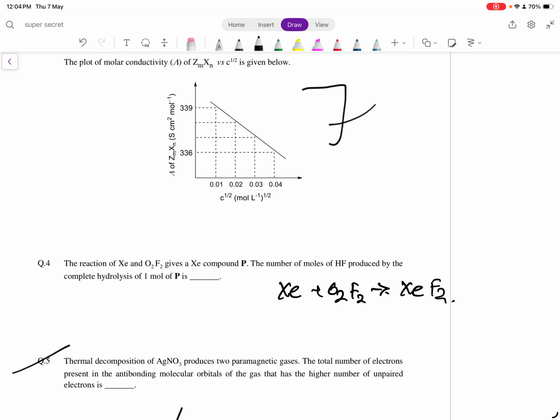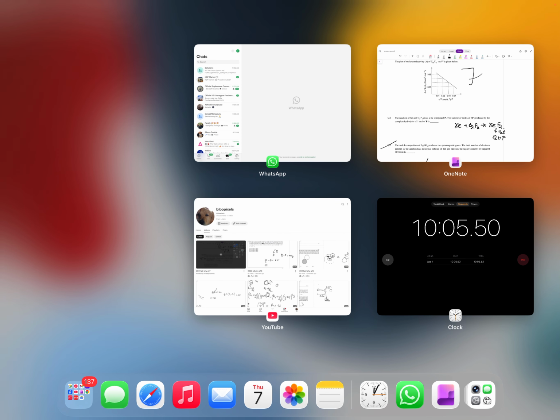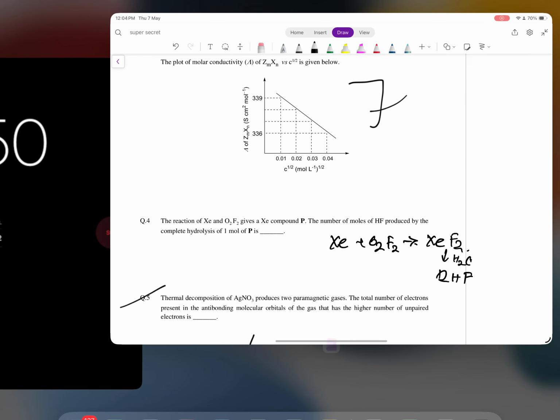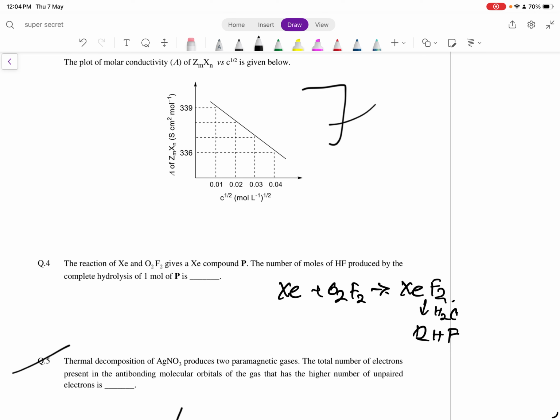If so, 2 moles? I don't know, like again you have to revise the reaction, but is this correct? The answer for the fourth question is in fact 2. I don't know how I got that, but yeah.